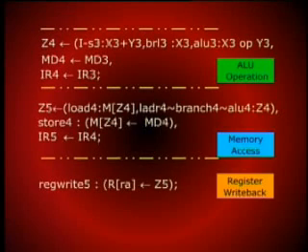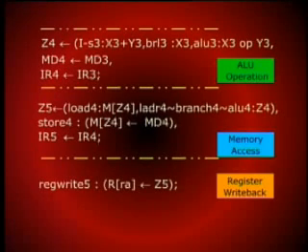And if it is a load address instruction, LADR4 would be true, or if it is a branch instruction, branch 4 would be true, or if it is an ALU instruction, ALU4 would be true. In any of these three cases, the contents of Z4 are moved on to Z5.